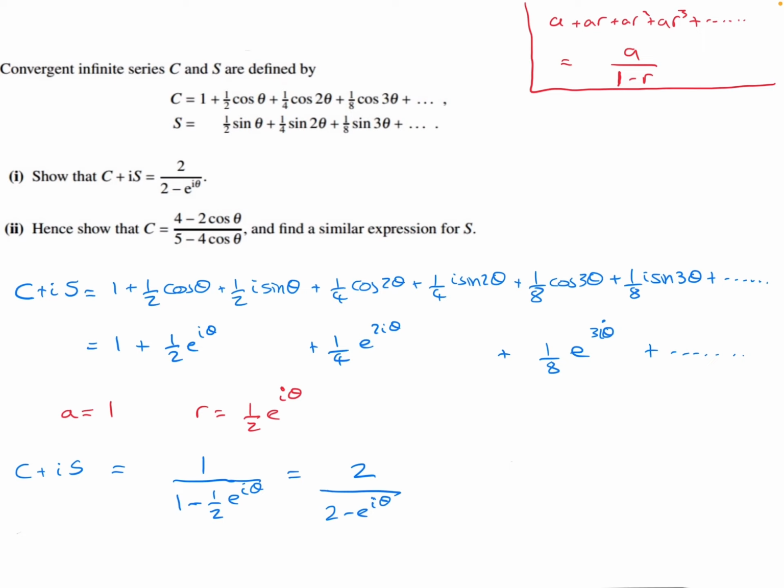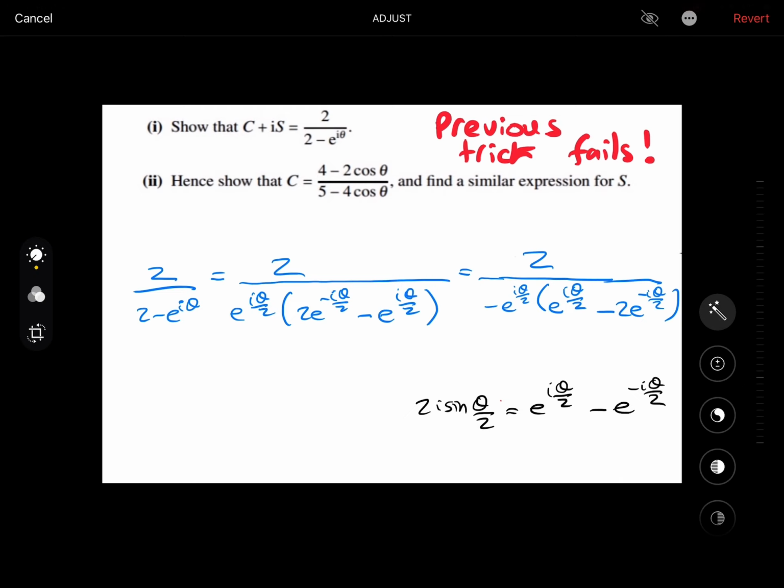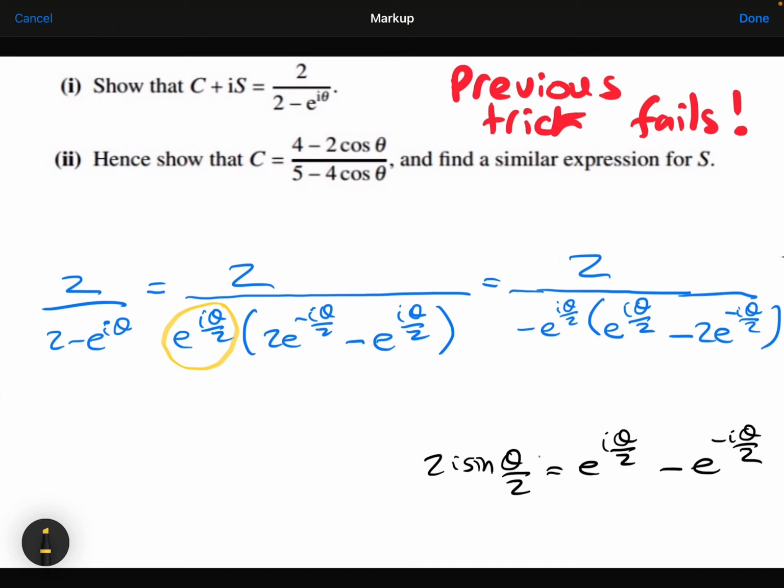Now we're going to actually use a different trick for part B of the question, because the previous trick of factorising out doesn't work here. And I'm just going to show you quickly why. If I try to factorise out the e to the I theta over 2, I would have this expression here, because this times this is this times this is this.